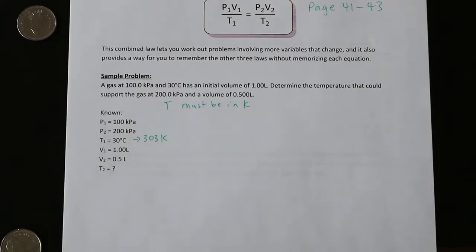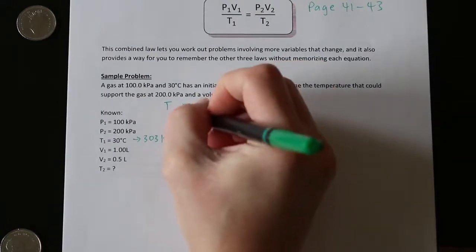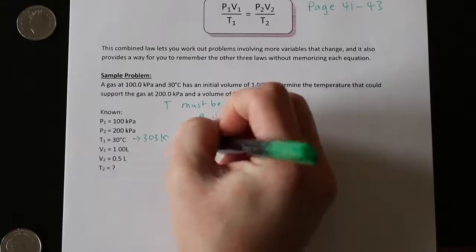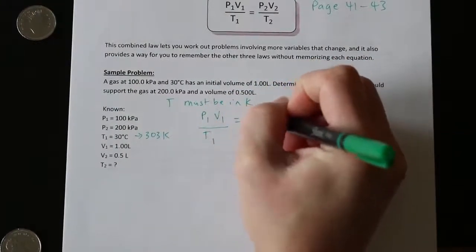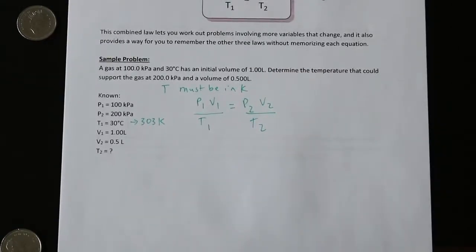Now that we have the variables straight, we can write the formula down so we remember what it is. It's P1 V1 divided by T1 equals P2 V2 divided by T2. Then we just fill in the variables.